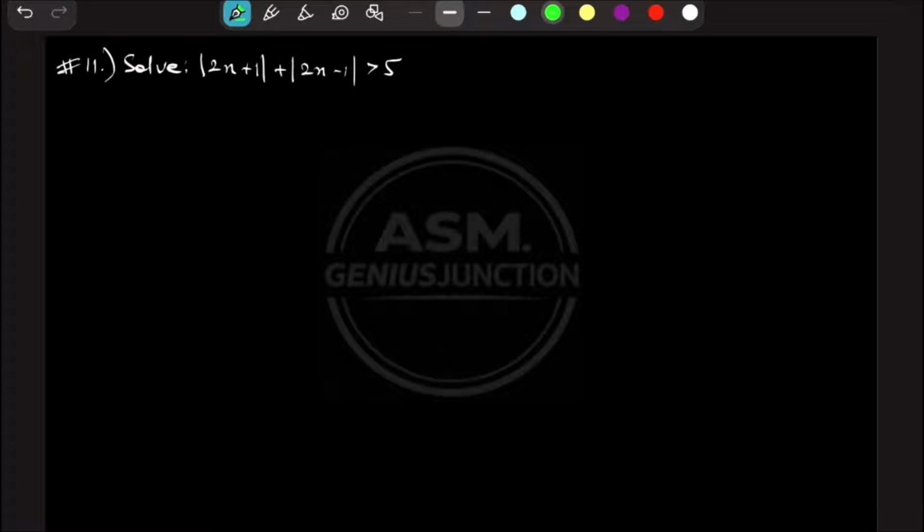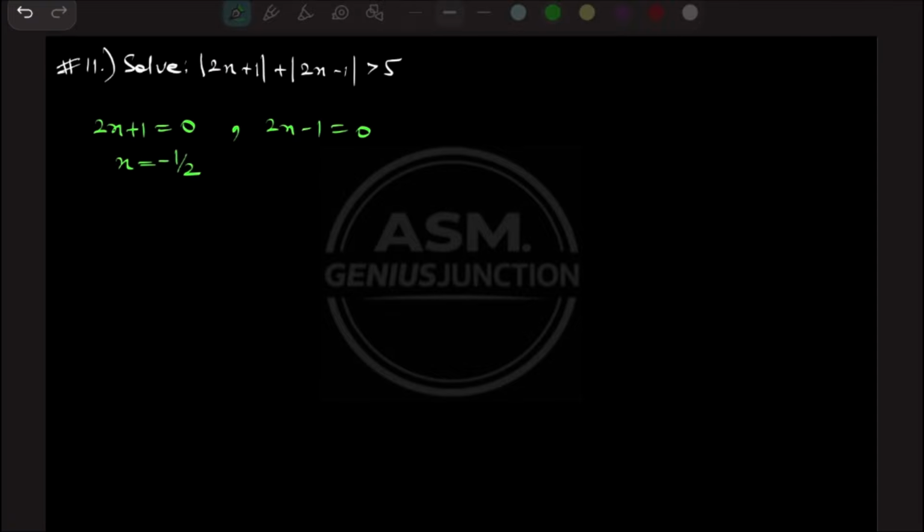If I put 2x + 1 = 0, I get x = −1/2. In exactly the same way, if I put 2x − 1 = 0, I get x = 1/2. So basically the critical values are −1/2 and +1/2, where the signs of these functions are changing.